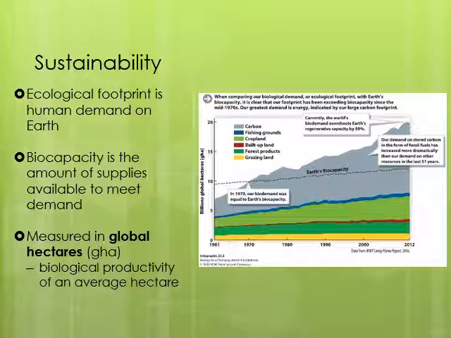So at that time with our population, it was about 1.8 global hectares per person that could support their resources. But the average ecological footprint of a person in 2008 was 2.7. So our deficit there was already just under 1 global hectare.